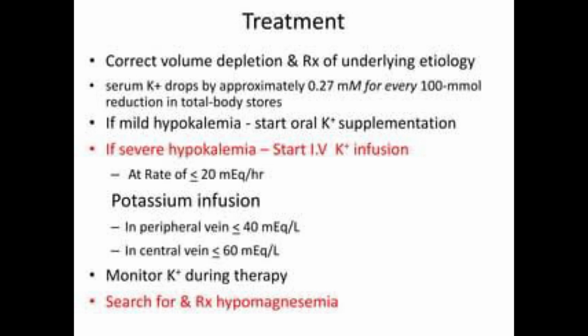And last one is search for and treatment of hypomagnesemia. So you already know that we never give the patient KCl, means potassium chloride, directly. We always give it in combination with magnesium. In mild cases we always provide 1 KCl plus 1 magnesium, in that ratio.